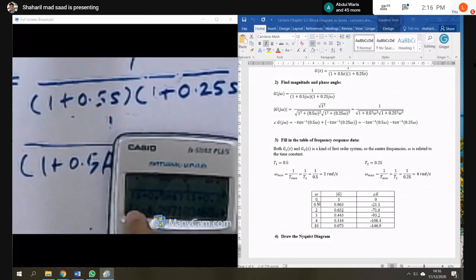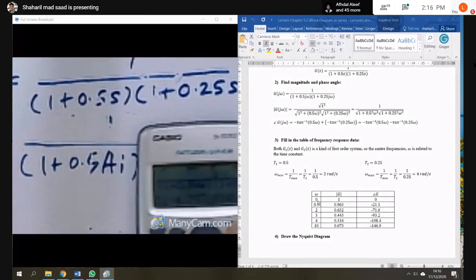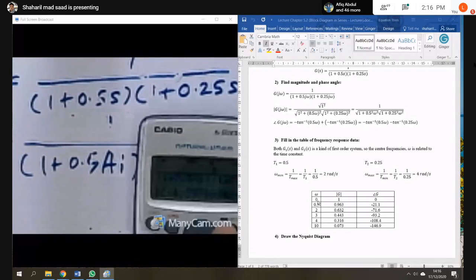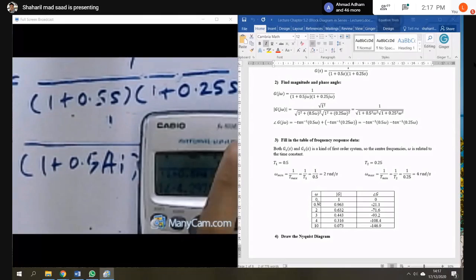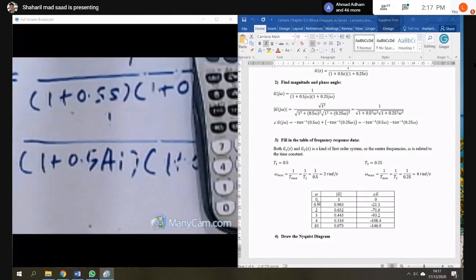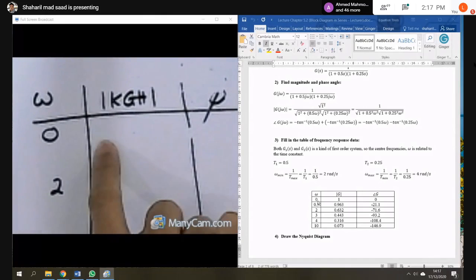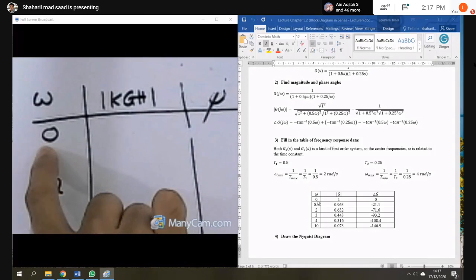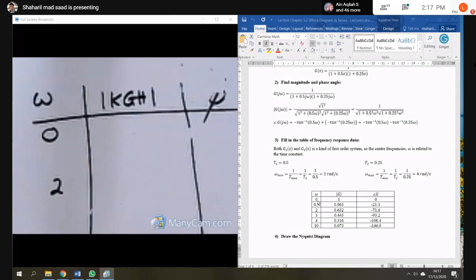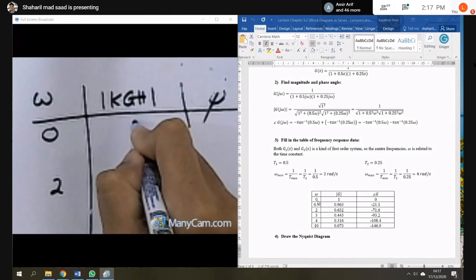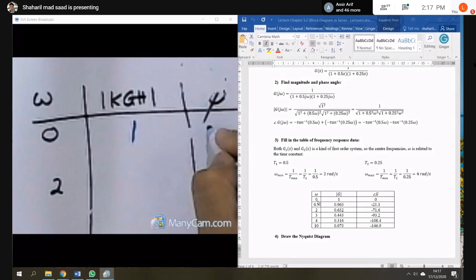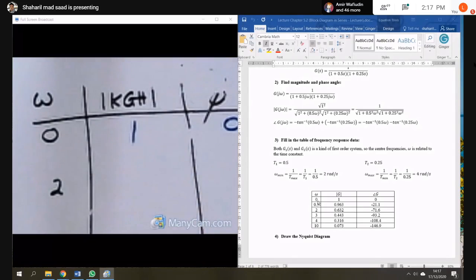So now you got the magnitude equal to 1, and the phase angle is minus 4.29. So that means it is going to 0. So for the frequency equal to 0, we can say the magnitude is equal to 1, and the phase is almost 0 degrees.